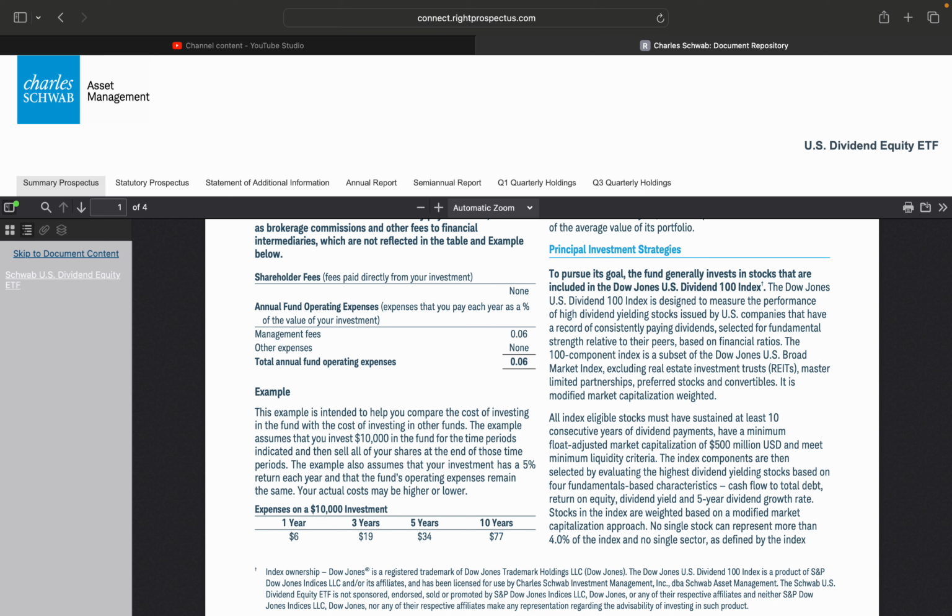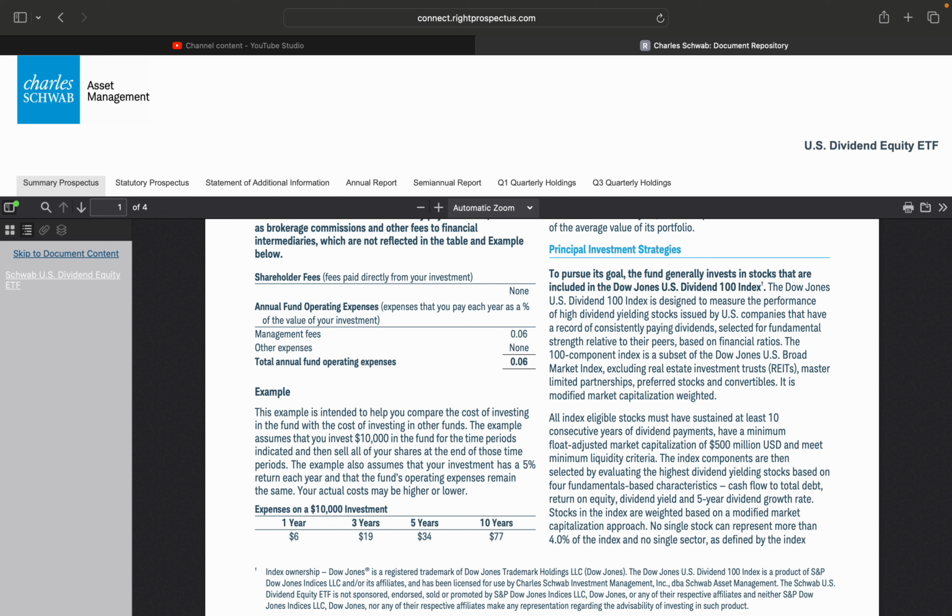The 100 component index is a subset of the Dow Jones U.S. Broad Market Index, excluding real estate investment trusts, master limited partnerships, preferred stocks, and convertibles. It is modified market capitalization weighted.